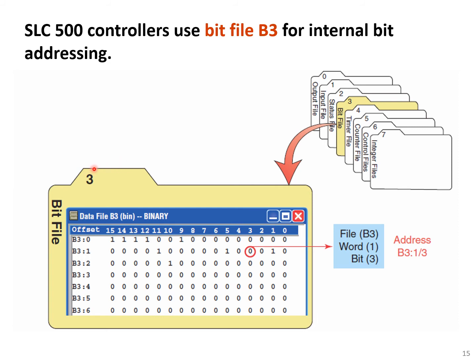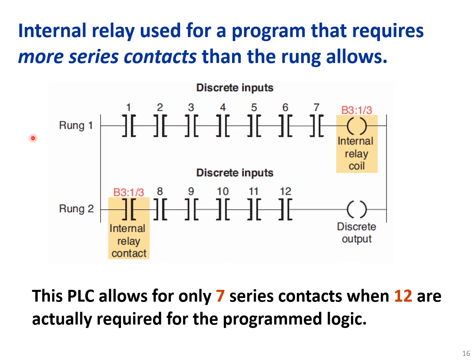Yes, so you will see later when it comes to CODESYS and the TIA Portal how we could use this type of internal bit addressing. Internal relay is used for a program that requires more series contacts than the rung allows. So this is one application out of many for the internal relay.